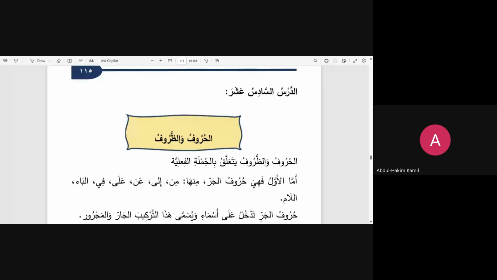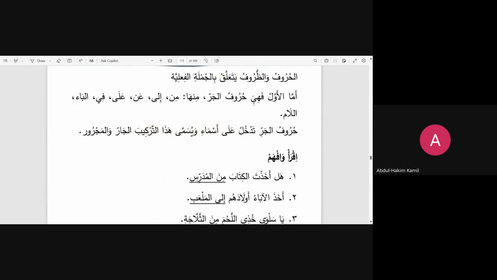Let's read. Al-huruf wal-dhuruf, both of them, they're two different things. يتعلق بالجمل الفعلية. It gets attached to the complete sentence. That's what I mean by that. It's an addition to the sentence, more information. But it's getting attached to a sentence, not to one word, to al-fi'l.